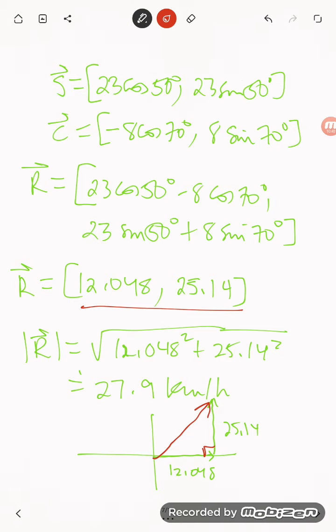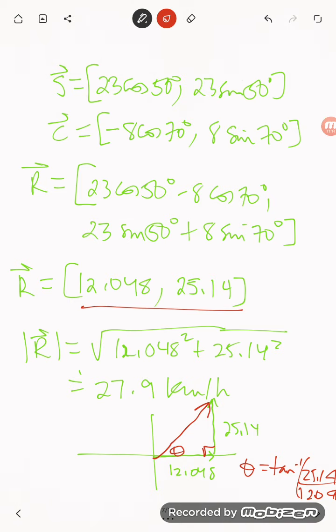And so if I want to name the direction of this vector as a geometric vector, I'm just going to need to find this angle in here. And I can do that with tan inverse of opposite over adjacent, which is 25.14 over 12.048.